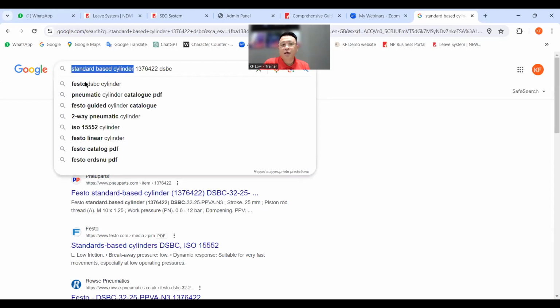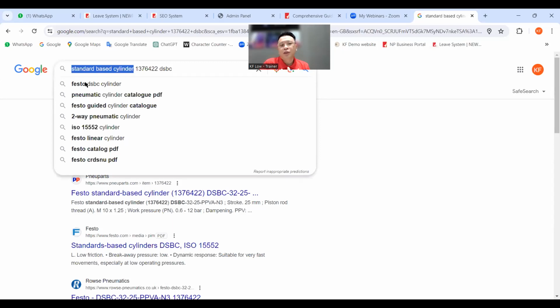Most of the companies looking for these mechanical products usually get their purchaser to buy or source products from Google search, and usually we don't know how they actually search for it.